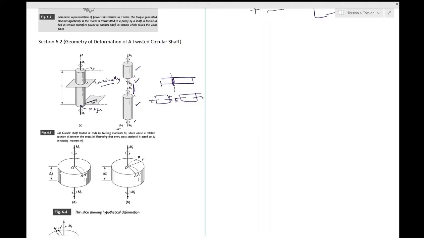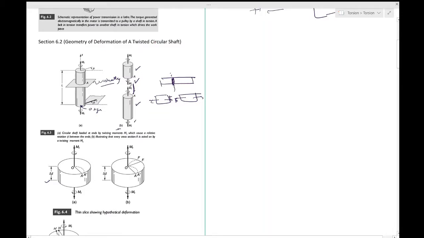So you want to now consider what are the possibilities of deformation in a shaft, and for that we have taken a slice this delta z you see over here, and that's what is shown in this figure. So now we take this slice from somewhere near the middle of the shaft.